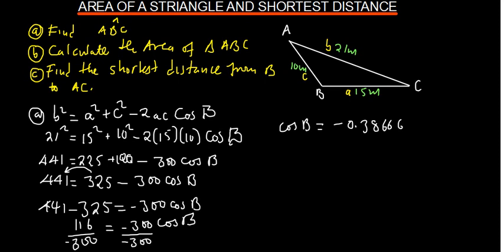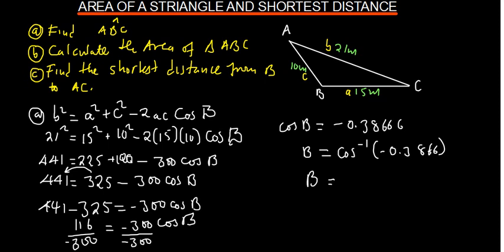0.38666. So to remain now with the angle B, we are going to take cosine the other side, so it becomes cosine inverse of negative 0.3866. So all you do is get your calculator, you press shift, and then you go where there is cos.